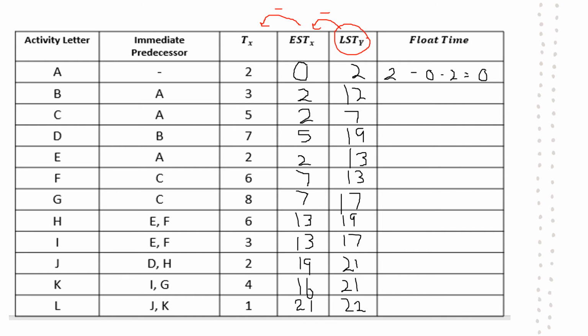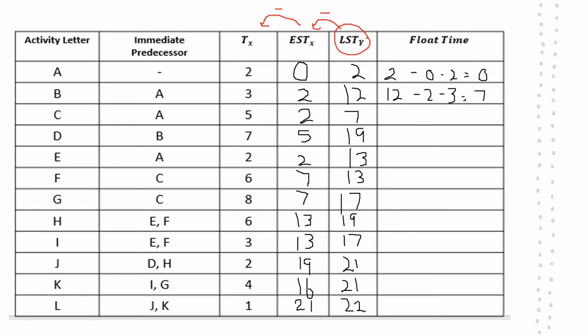So any activity that has a float time of 0 is occurring on the critical path that we established in the previous slide. The float time of B, 12 take 2 take 3, is 7.